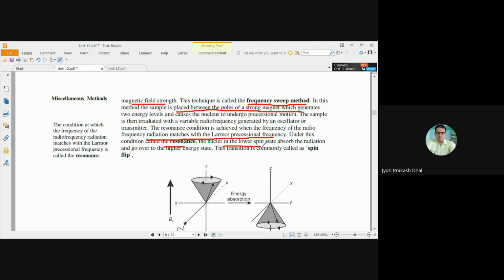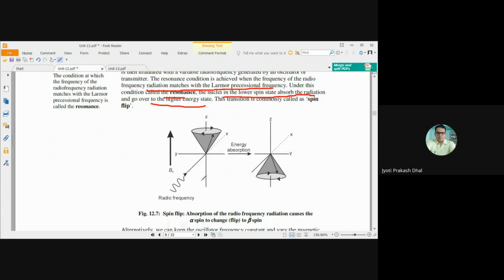The nuclei in the lower spin state absorb the radiation and go to the higher spin state, and then come back from the higher spin state to the lower spin state by emitting radiation. That condition is called spin flip. So the spin flip condition is achieved when the nucleus is in resonance. When nu equals omega, that is the resonance condition.